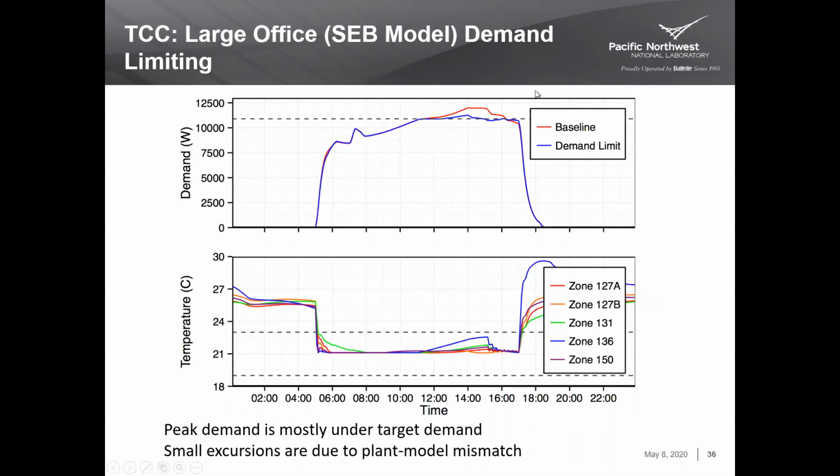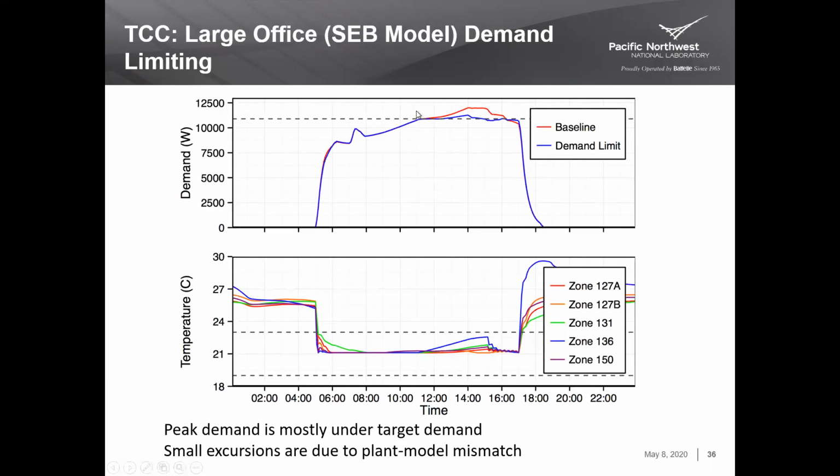We exceeded it a little bit, but for the most part, managed the building demand to the limit. And you can see here some of the zone temperature responses. Here's our prescribed comfort range. So not a lot of deviation. And you can see that when we started to actually approach that demand limit, that's when the temperature started to be modified.